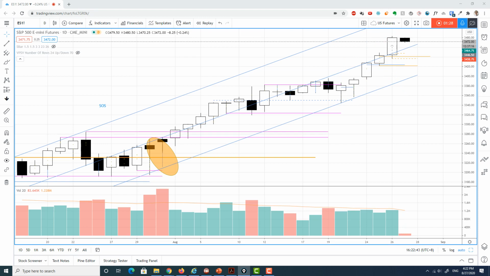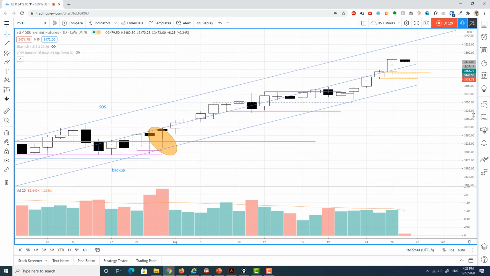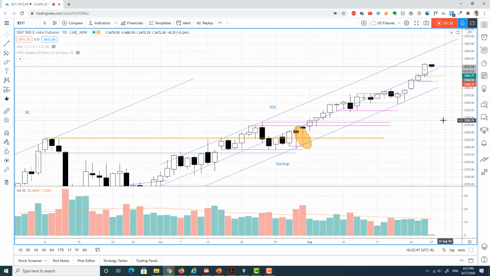And if we take a look at the trend line analysis, I do think that we have a very high chance to see the S&P just go straight up to hit at least the overbought line of the uptrend channel, maybe very close to 3500 or even 3525 or 30.